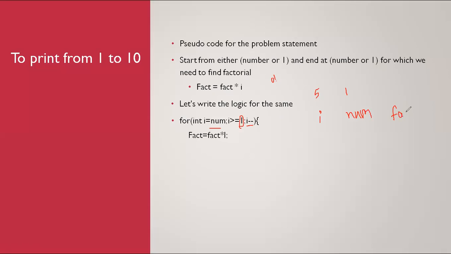Most of them will get confused about what value has to be assigned to this variable fact initially. Is it 0 or 1 or any other number? It should not be 0 because 0 into something is 0. So in that case, it has to be 1.